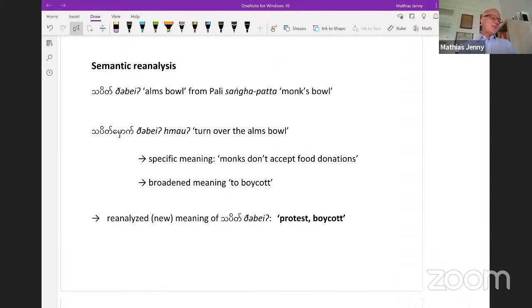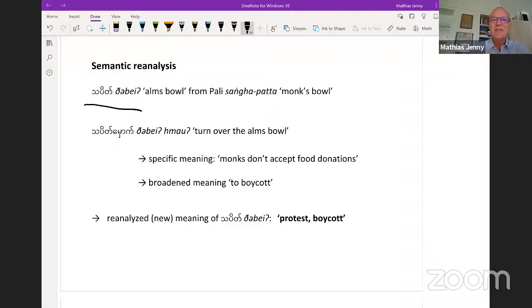In some cases, well, we have spoken about reanalysis in the case of hamburger in English. Now in Burmese, these days, you read a lot about the bay from the bay Mao. The word the bay comes from Pali, Sanghapata, a monk's bowl, the alms bowl.